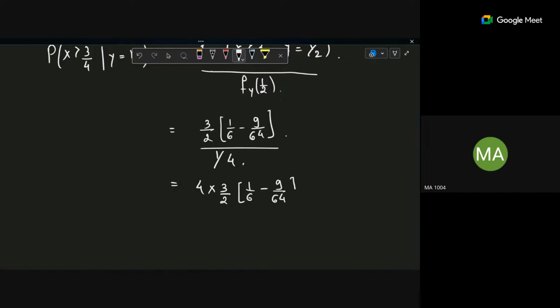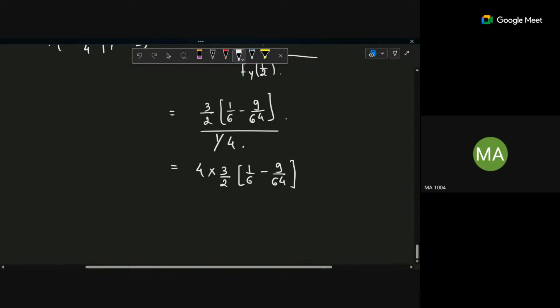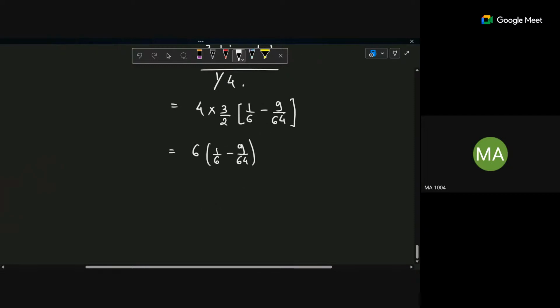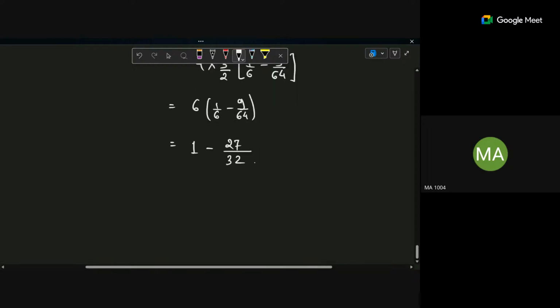After simplifying, what did you get? 5 upon 32. See, it became somewhat relatable, right? So now it's nothing but 1 minus 6 into 9, 32. Yeah, so it's 5 by 32. Fine.